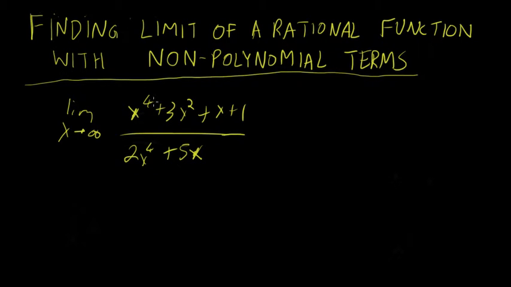Let's say this is a rational function of the type we took a look at. All the terms are polynomial terms. That means they're like x raised to some integer power.